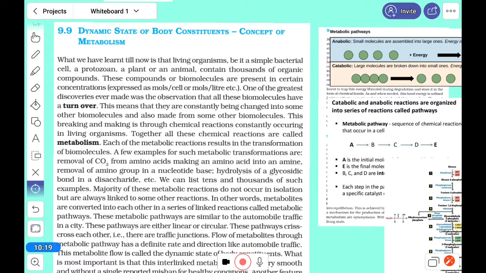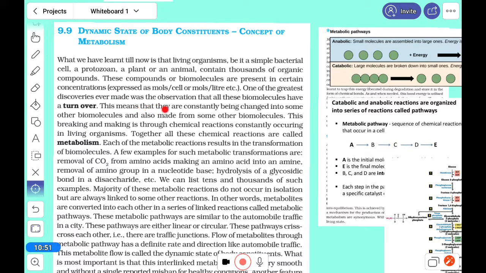Now, the concept of metabolism. Metabolism is the overall reaction in our body. Here it is nicely discussed that one of the greatest discoveries ever made was the observation that all these biomolecules have a turnover.